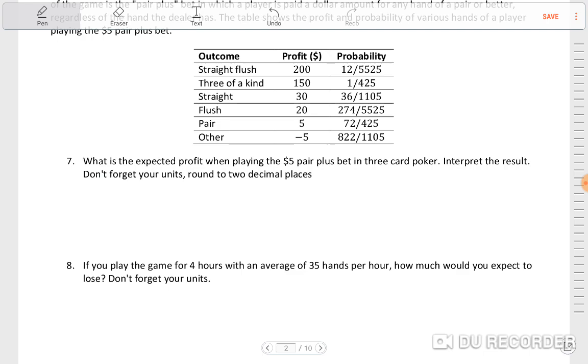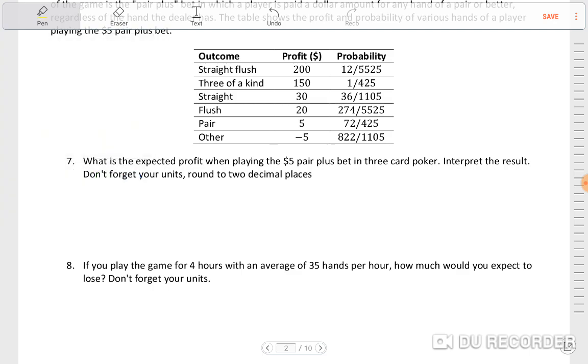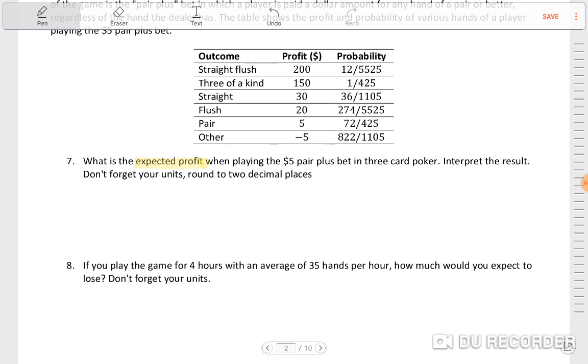So this is, of course, expected profit to the player because they're the ones that are going to be playing this. Expected profit is a keyword. That means you're looking for the expected value. So for expected value, this is when we're going to make our 2 lists.